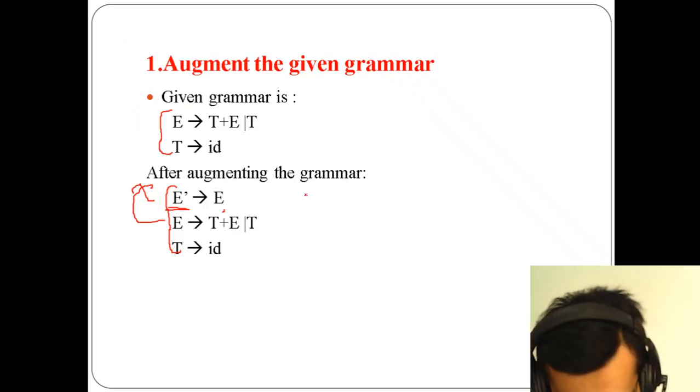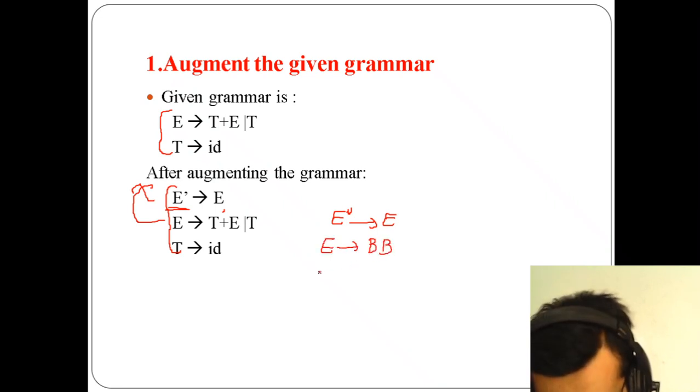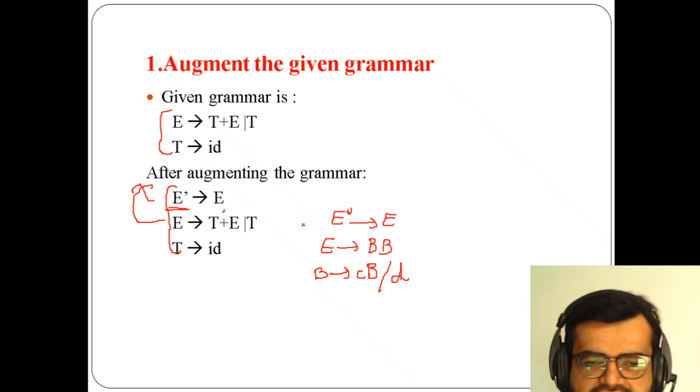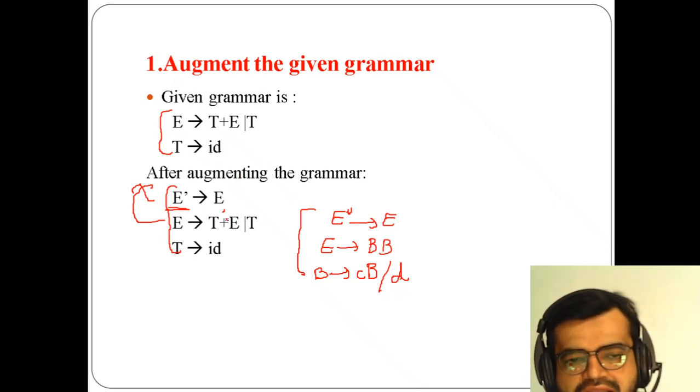What is that production? E' of E is there, and here E of BB, and B of small c capital B, then small d. This is the production I'm taking. I'm not taking the other one because it is an example for not LR(0).